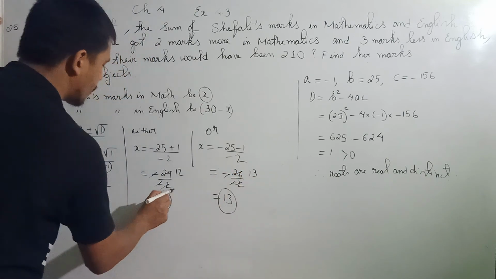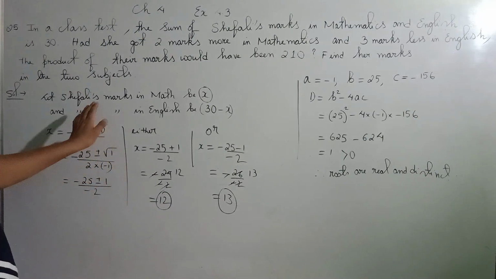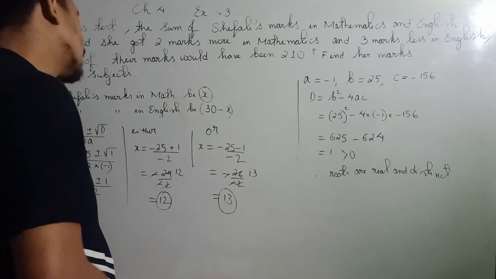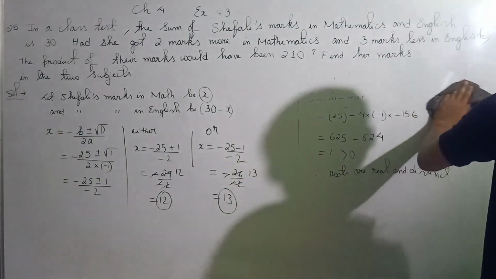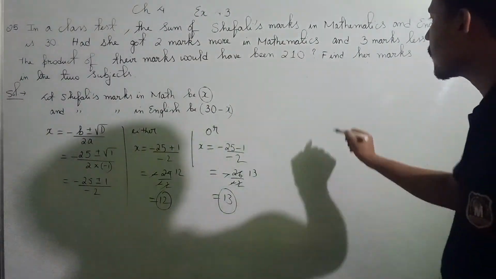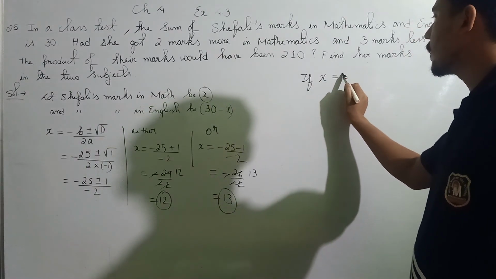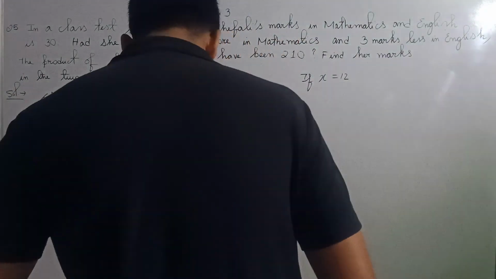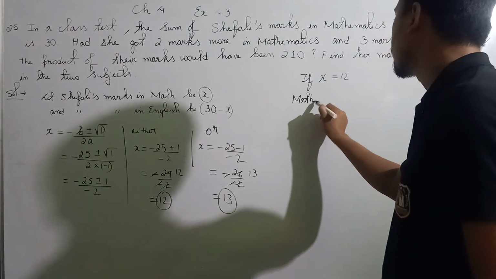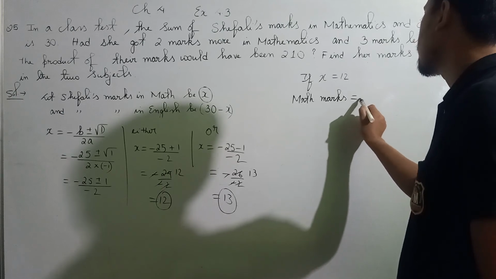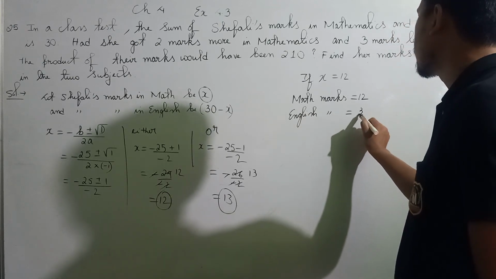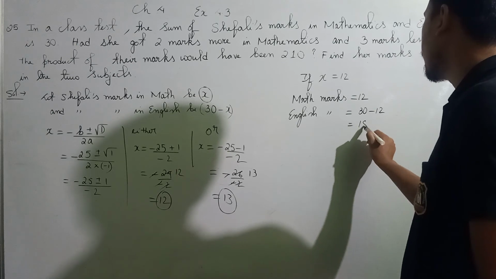So here both the answers are correct. x represents Shefali's marks in maths. So either Shefali got 12 marks in maths or 13 marks in maths. Now we can use both of the values of x and find her marks in both the subjects. If we consider the value of x to be 12, then her mathematics marks would be x, which is 12, and her English marks is 30 minus x, 30 minus 12, 18.